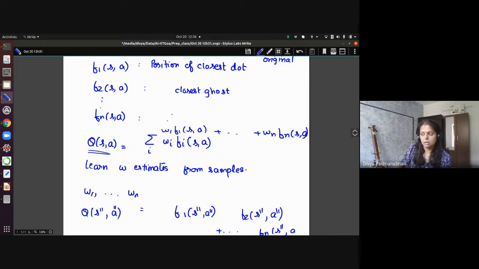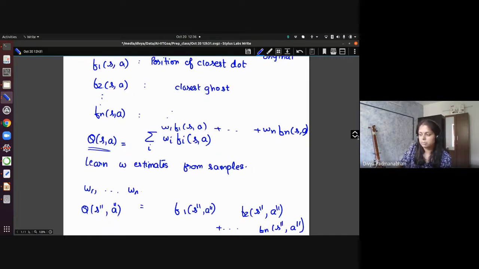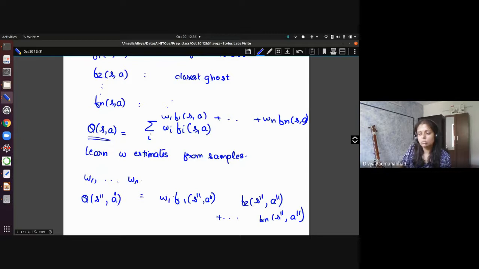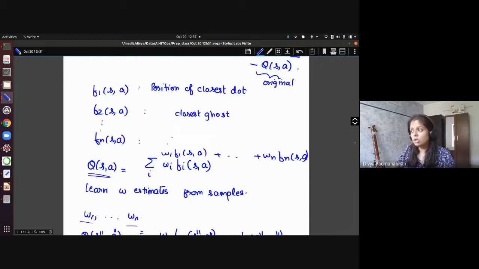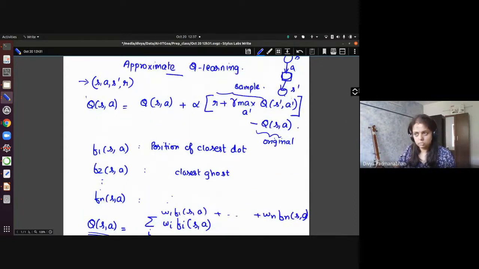With the weights that you learn, you can just combine all of them, and that immediately gives you an estimate for the Q value for a different state-action pair. So all you need to care about is these weights. How do you update them based on your samples? To do that, the update will look quite similar to what you did in vanilla Q-learning.